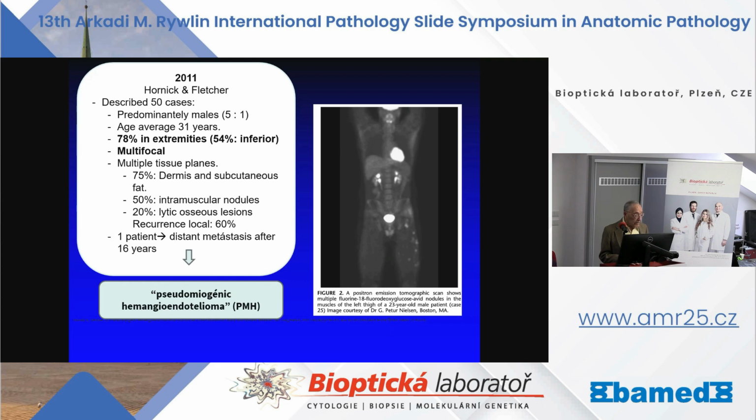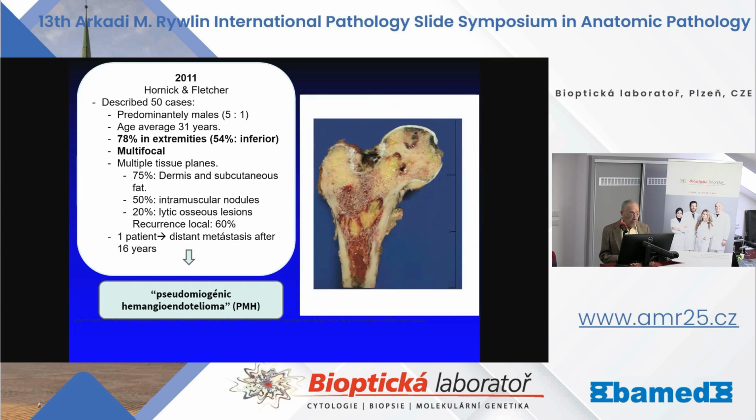And the recurrence was 50%, and one patient had a distant metastasis. I forgot to tell that this present patient had suspicious nodules in the lung. So it could be a metastasizing lesion. They proposed the term pseudomyogenic hemangioendothelioma, and finally was accepted by the classification of the WHO.